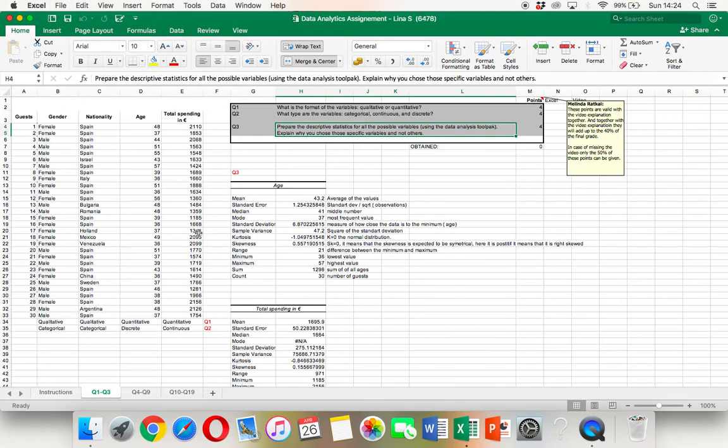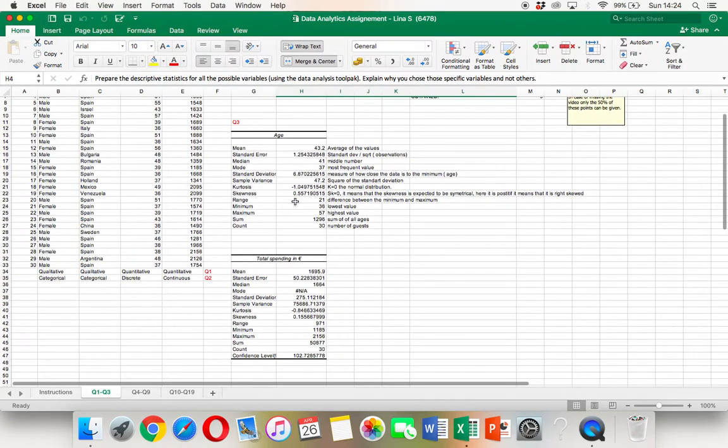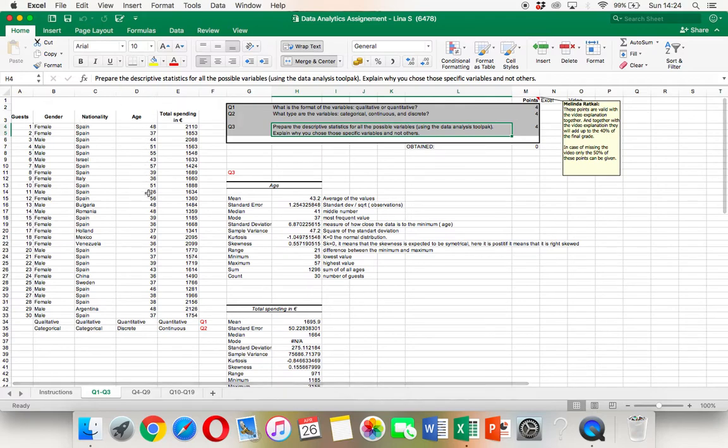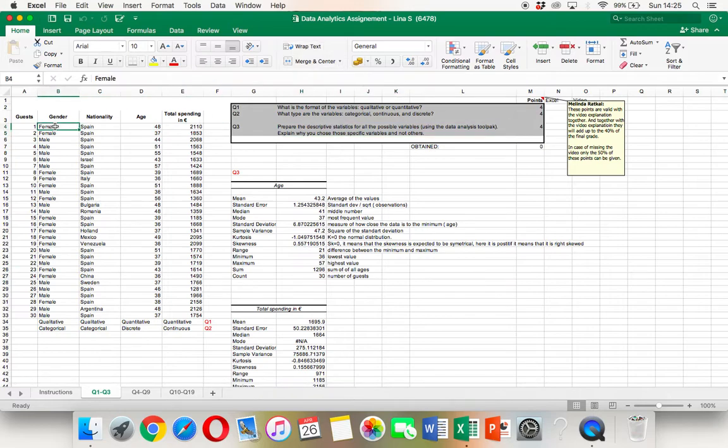We have chosen to do the descriptive statistics of the age and the total spendings. I chose these because they are numbers and you can actually make those tables out of them. However, you cannot do that for the gender or the nationality, because they are not numbers, so you cannot calculate the mean or the mode or anything.